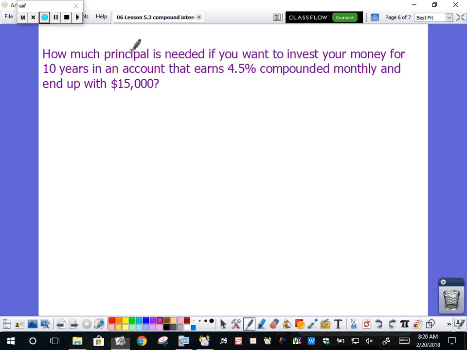Okay, this one's similar. How much principal? How much do you need to start with if you want to invest your money for 10 years, so now T is 10, in an account that earns 4.5% interest, so if you move the decimal back 2 places, that's 0.045, compounded monthly, so N is 12, and you want to end up with a final amount of 15,000.